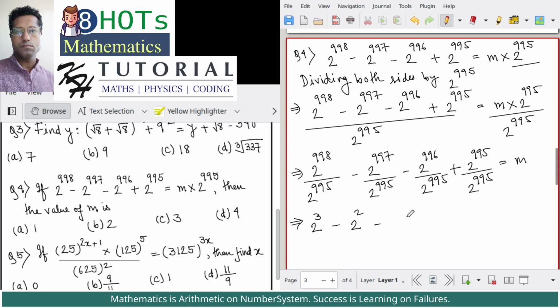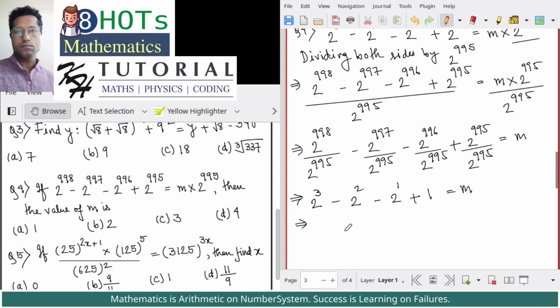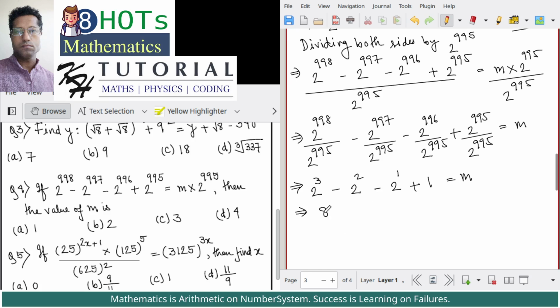Similarly, the other two terms will be 2 to the power 1 and this will be 1. We have m. So if you simplify the LHS further, it will be 2 cube is 8 minus 4 minus 2 plus 1 is equal to m. So this implies m becomes 3. So m is equal to 3 and hence the correct choice is C. C is the correct choice.